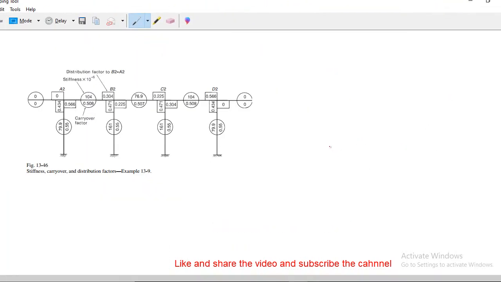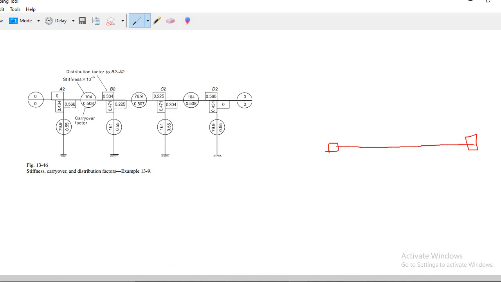What does it mean? Let me show you here. For example, you have one column here, one column here, and the other column here, but this column is not in line with the center line of these two columns. This is the center line, and this column should not be more than 10% offset from this center line.